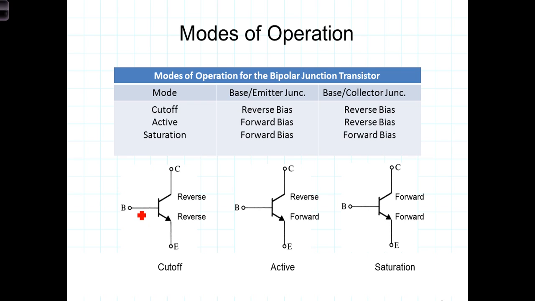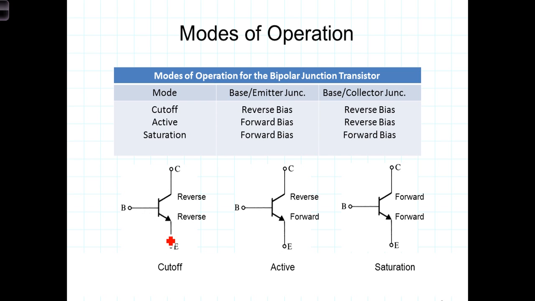Generally speaking, we'll talk about the junction being reverse biased when the base voltage is approximately 0, or the base to emitter voltage is approximately 0.